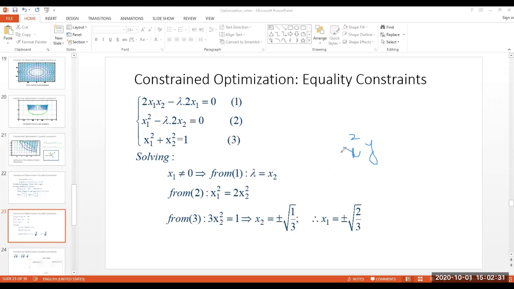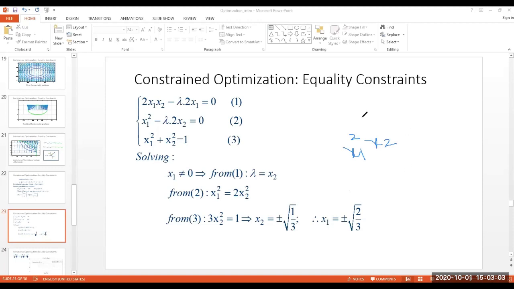Can we allow any negative value here if I'm trying to maximize this expression? Let me write it in terms of 1 and 2, because we have x1 and x2. This is our expression. Should we allow any negative value of x2 here, considering we have some positive values of x2? Because if we allow negative values, what would happen?